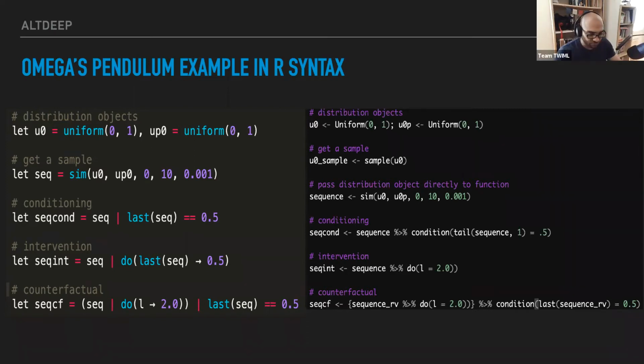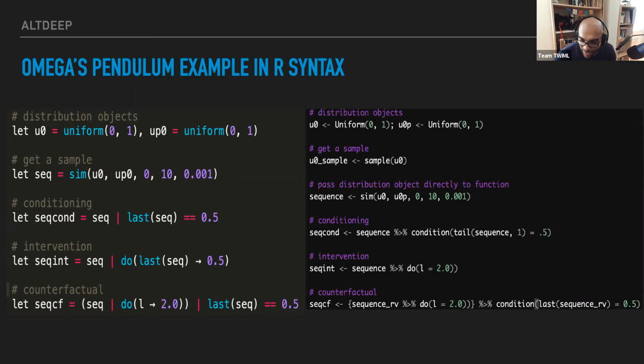Anyway, I'm not sure if this semantics makes sense with R. It feels like this last line is wrong, because that first expression would evaluate first and then be passed into the second expression. I know we want to do the conditioning before the do.